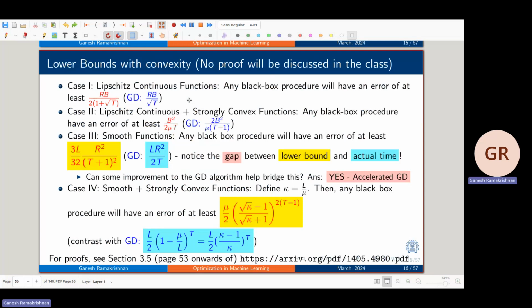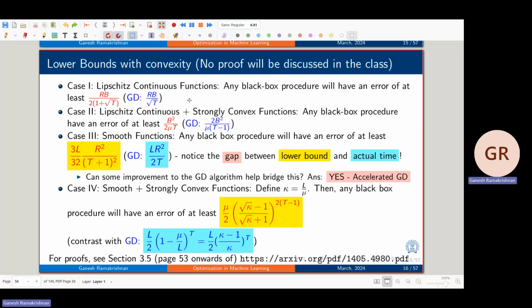Smooth functions. Any black box procedure will have an error of at least 3L R square by 32 times T plus 1 whole square. Gradient descent, what does it do? It says, oh, L R square by 2T.